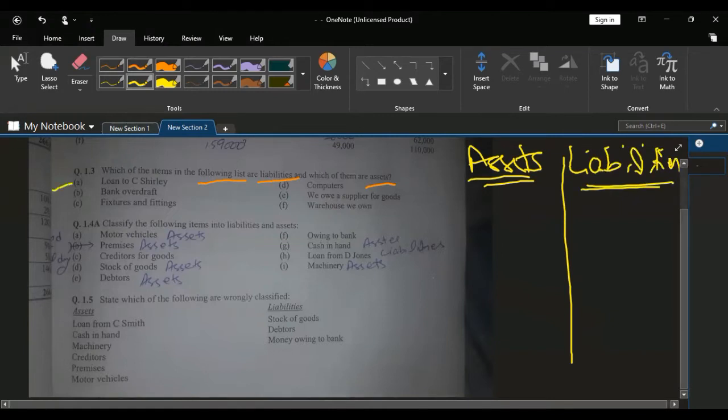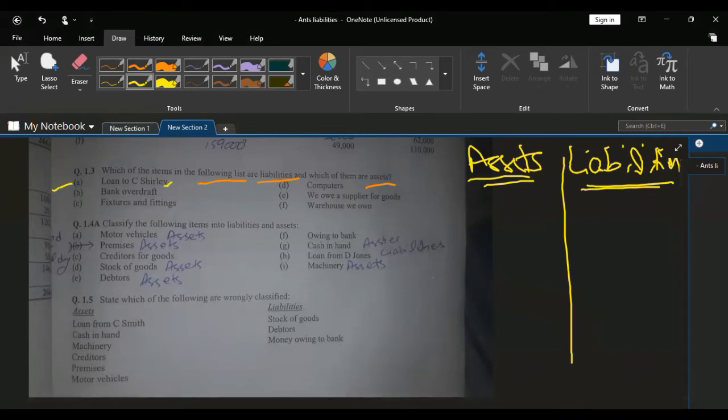The first one is loan to C. Shirley. We have given a loan to C. Shirley, and from C. Shirley we are going to receive this money in the future. It means that the right to receive money in the future increases. Right to receive money is an asset. So the first transaction is an asset.